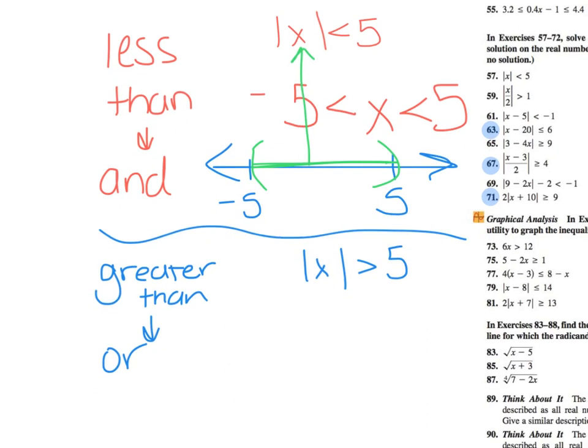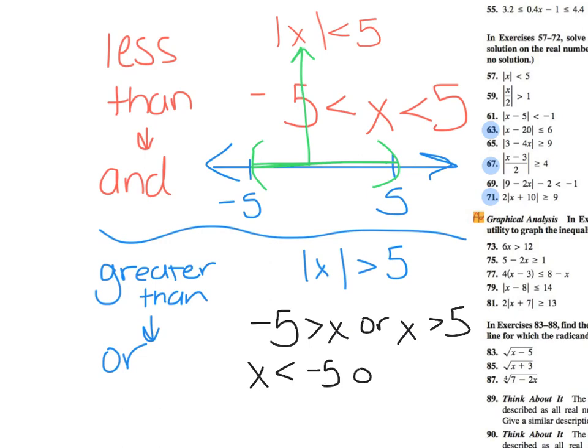I would still add on the negative 5 and still put the sign going in the same direction, but this time I have to split it. So there are 2 variables. If it's greater, it becomes an or statement, and this time I would say that negative 5 is greater than x, or x is greater than 5. Or if I write it in order, x is less than negative 5 or x is greater than 5.